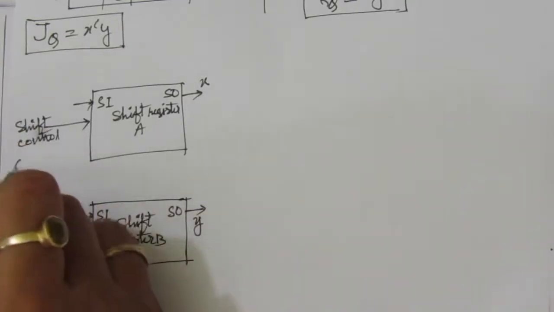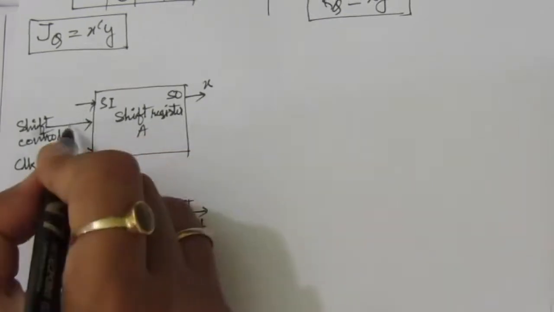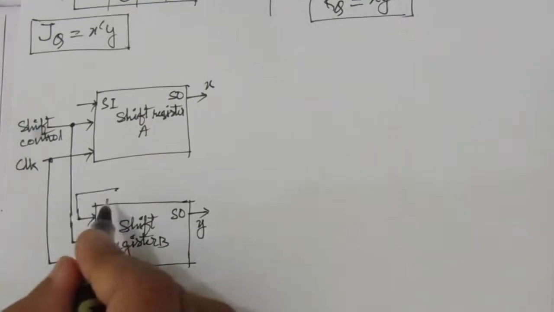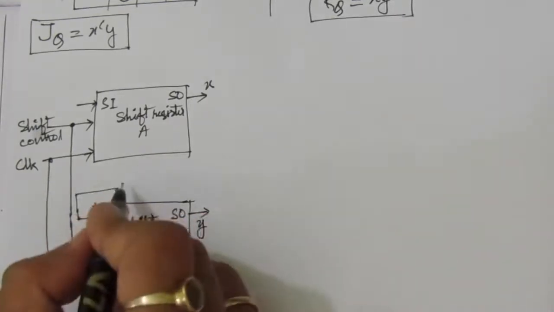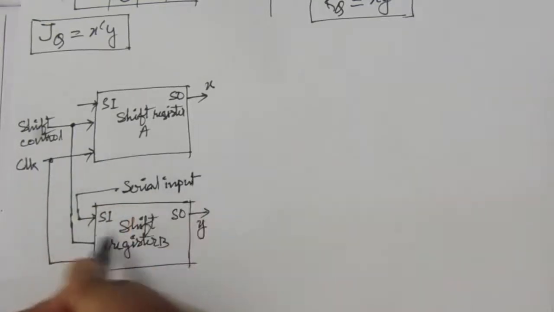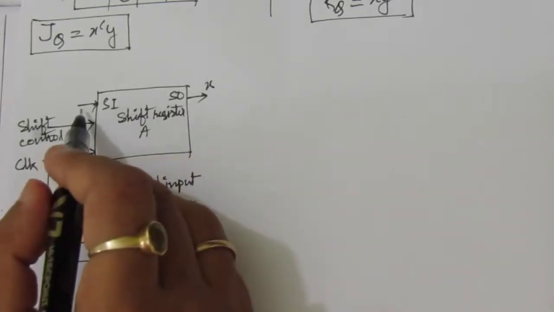Next we have to apply here a clock CLK. This is the clock pulse. And this shift control also we have to apply here. So we have to give here the serial input. Okay, at this shift register B, that is, we have to apply here the subtraction. So here we have to apply the minus.